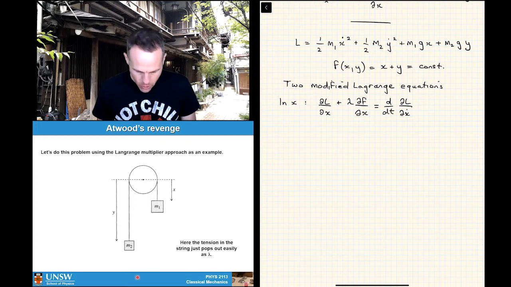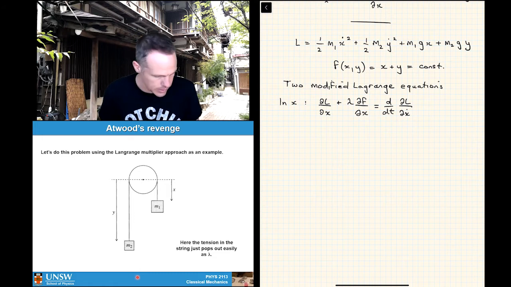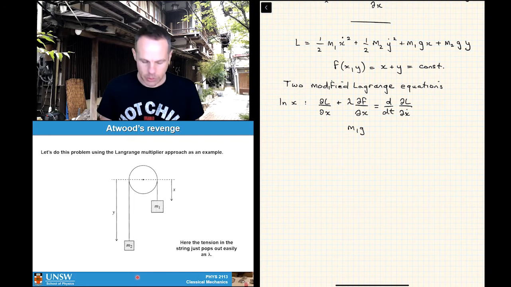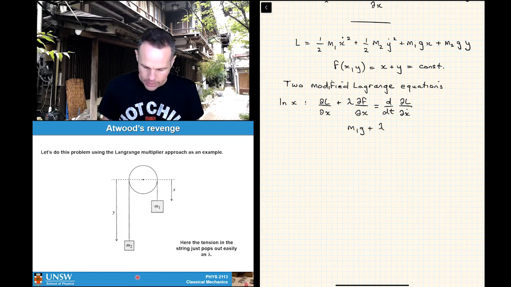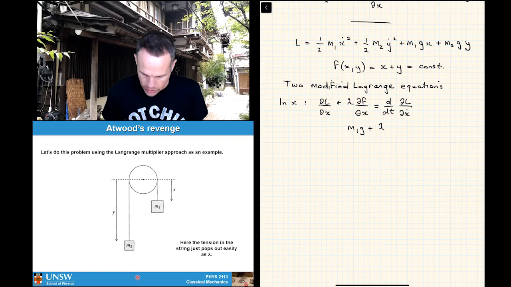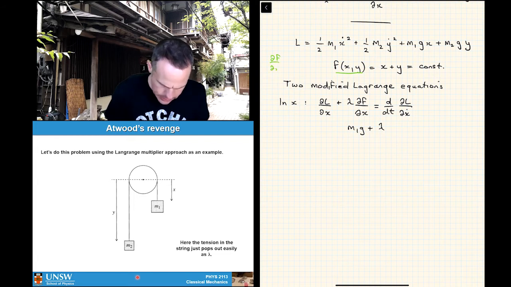And I'm going to go a bit faster this time, so we know that our dL/dx is just m1g, okay, so we're just pulling down the term that's related to x in here, plus lambda times the derivative of F. Let's write the two derivatives over here. dF/dx is just going to be 1, because we're taking the derivative of x.